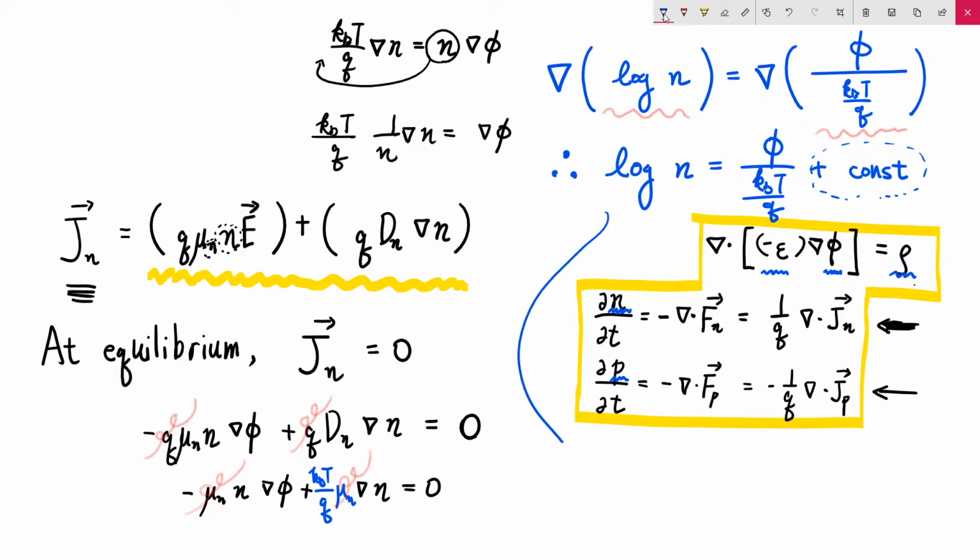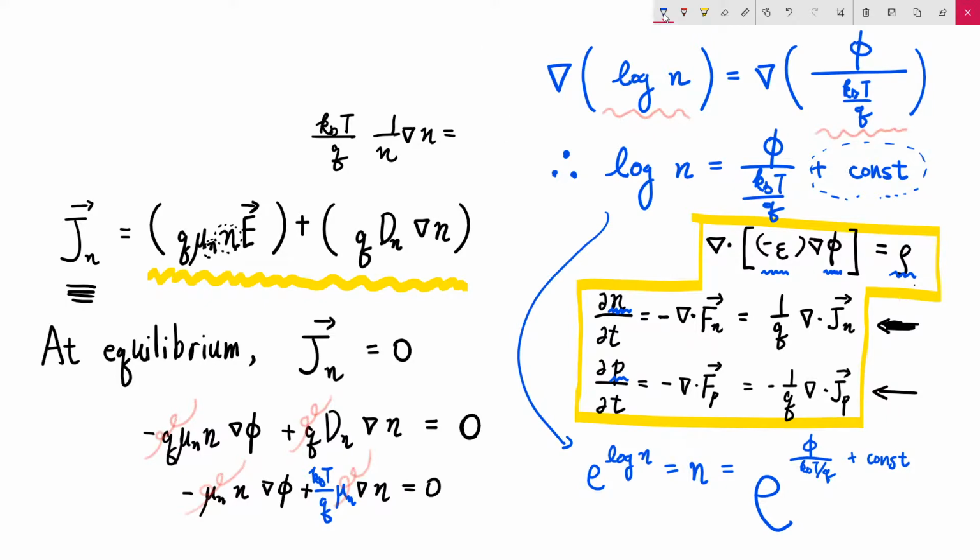Then if we take the exponential of this form, on the left-hand side and right-hand side, we will have exponential of log n, which you know is just n. How about the right-hand side? We will have the exponential of phi over kBT over q plus the constant we have introduced.